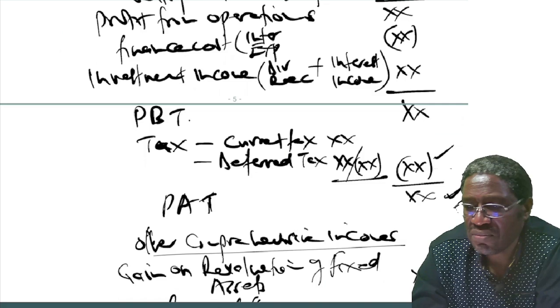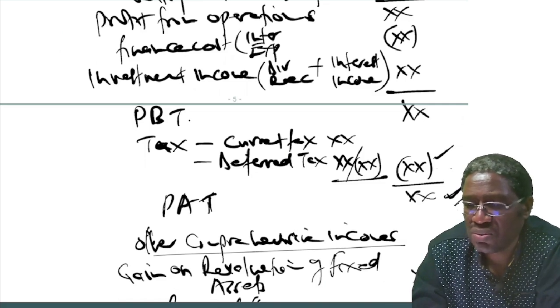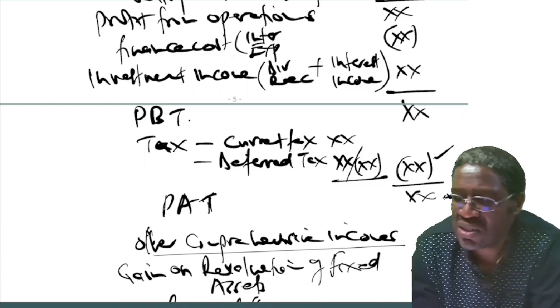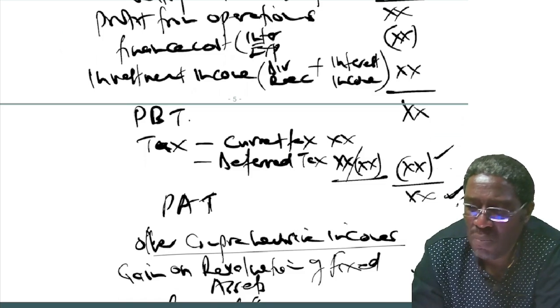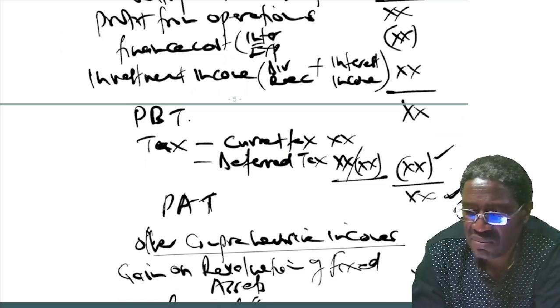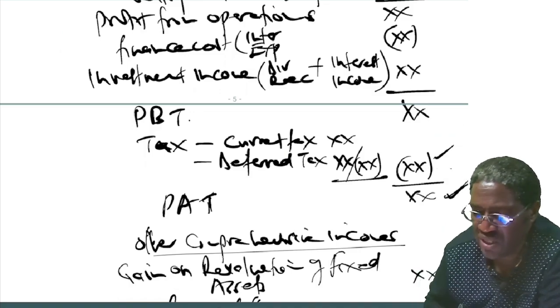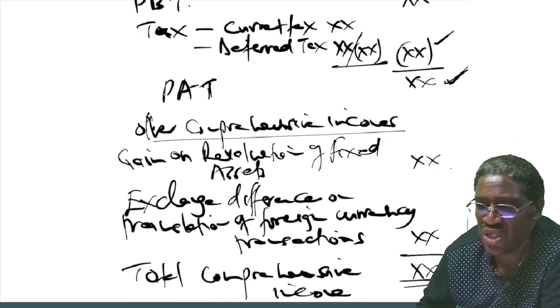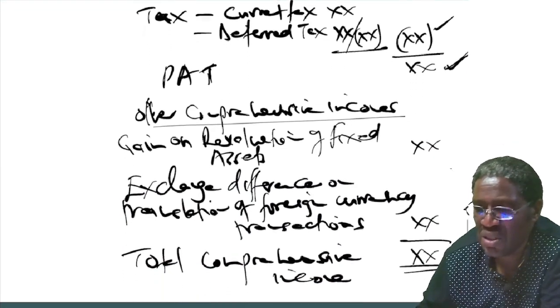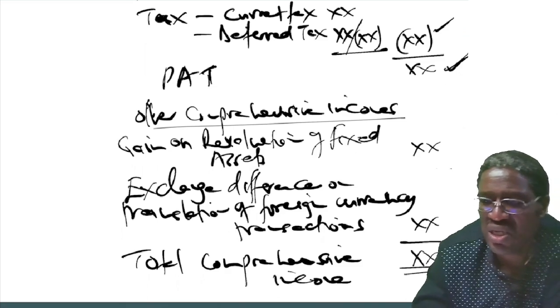Okay? Assuming you're through now. Once you get the profit after tax, you go to the section called other comprehensive incomes. You can copy, there is no need to change anything.